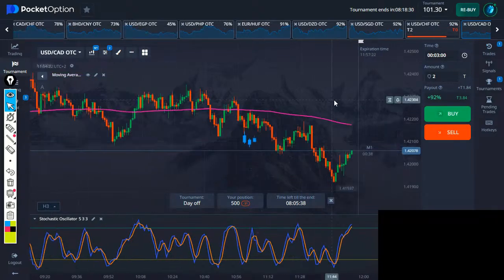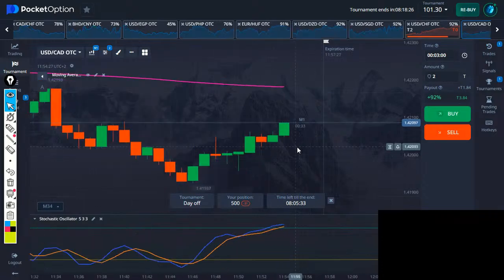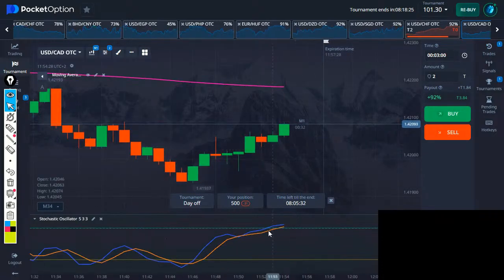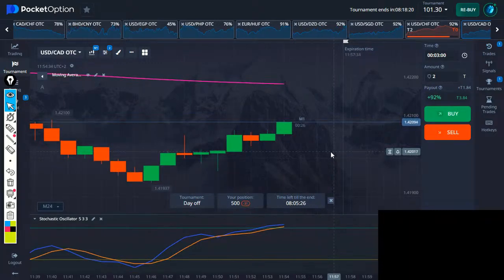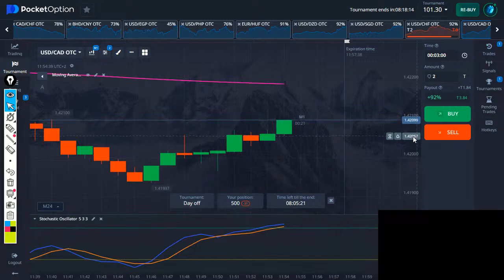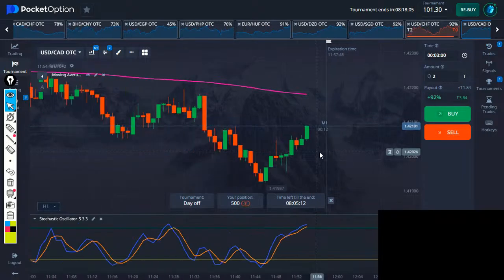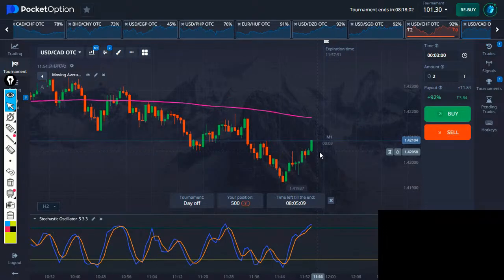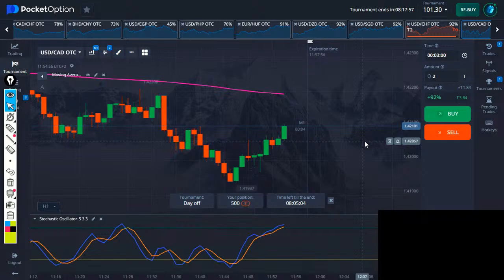This is nice. Beautiful downward momentum, price below the EMA, stochastic is oversold. We have a strong supply zone nearby.